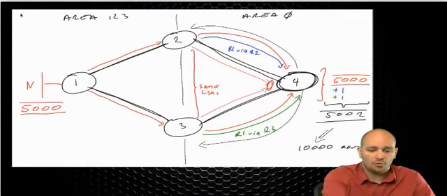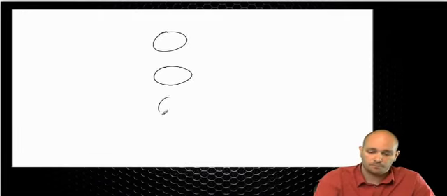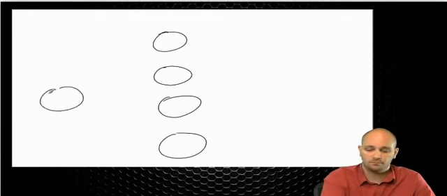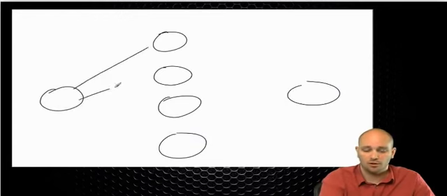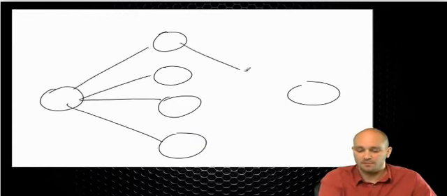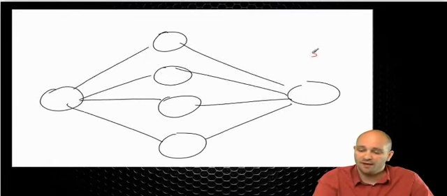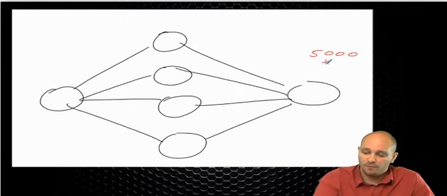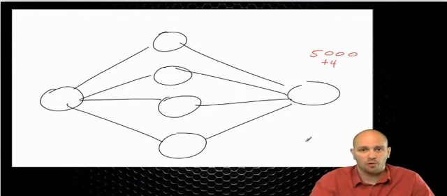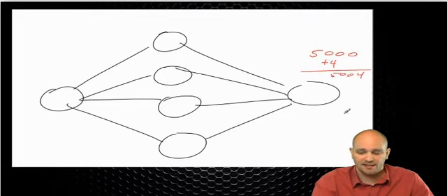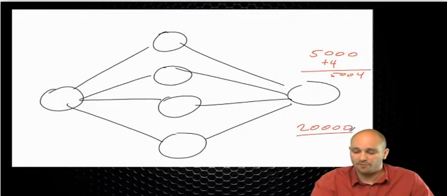Now, to illustrate this even further, imagine that our network actually looked like this. If this was the case, I would still have 5,000 type 5 LSAs and I would have 4 type 4s. So I would have 5,004 LSAs in the database, but I might actually have 20,000 routes in my routing table.